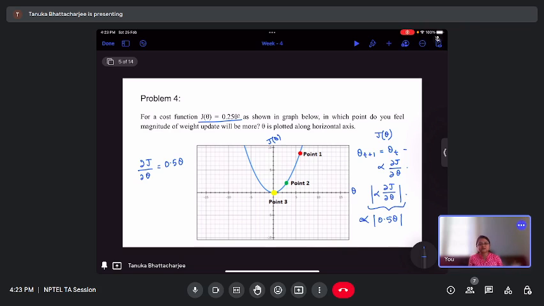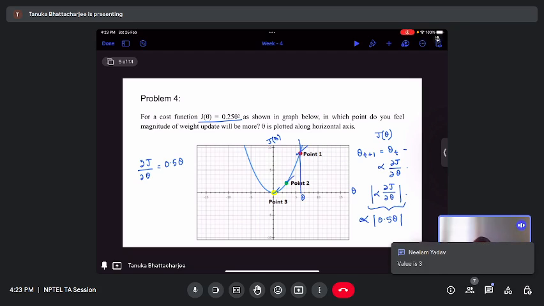Where the theta value is maximum, there you will get the maximum change in del J del theta. So, among these 3 points, point 1, if you see, here theta has the highest value, which is 6 in this case. So, here you will have the maximum value of del J del theta.